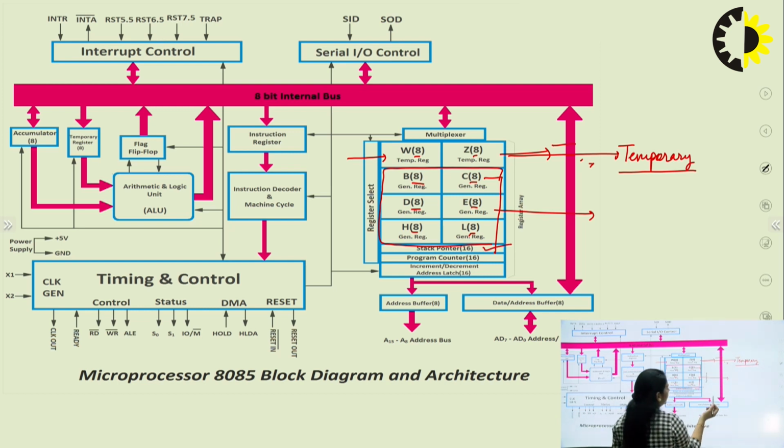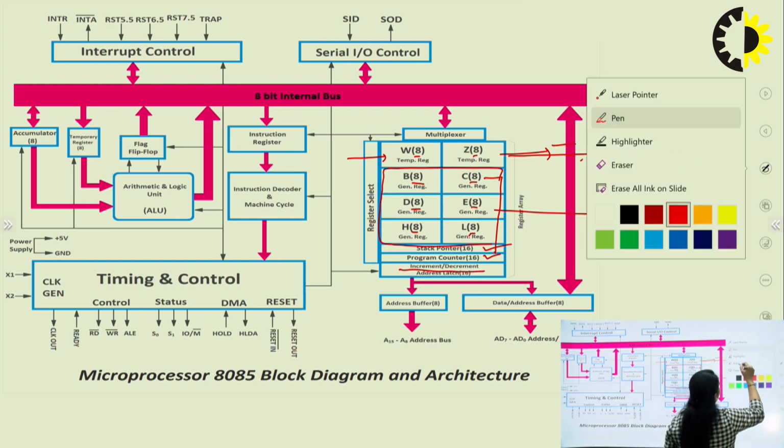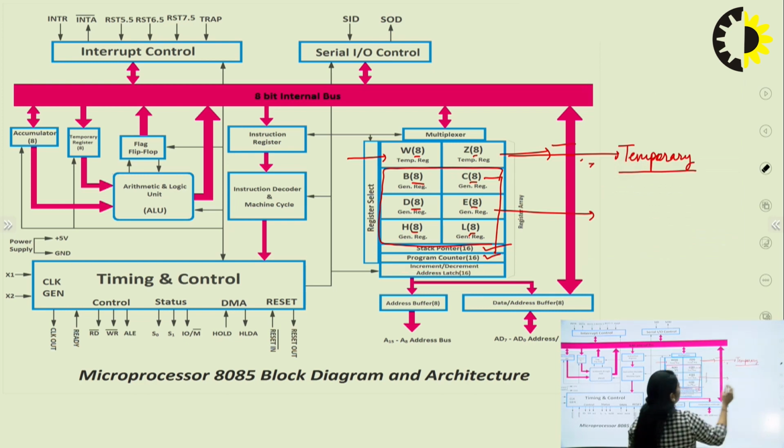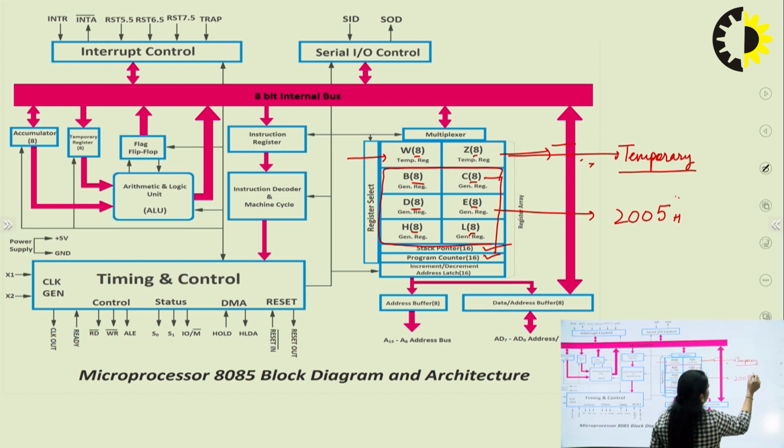Next is the stack pointer, it is of 16-bit. Program counter, it is also of 16-bit. And next is increment and decrement and further the address latch. Now what is increment and decrement? Suppose the program counter is having this location. This address is stored in the program counter.